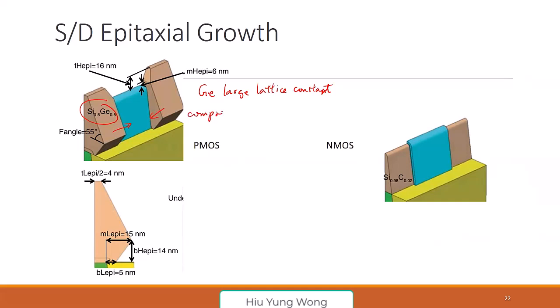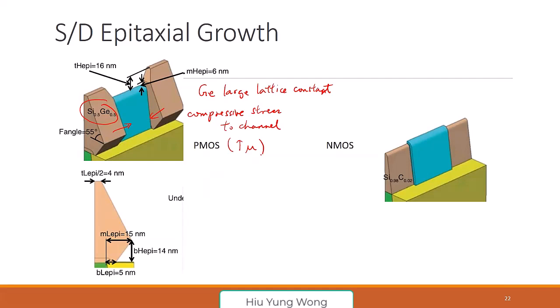It is going to squeeze the channel. And why do we want that? It can increase the mobility. I will discuss later. But anyway, the source drain, they use silicon germanium. So they are bulky. Think about in the classroom, if some bulky people come in, they are going to squeeze those in the middle. They feel compressive stress, mobility of hole will increase.